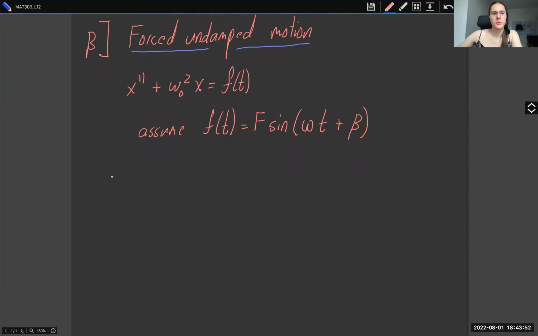So in this case, we have two cases. Let's suppose that omega does not equal omega naught. So we talked about the method of undetermined coefficients. And what we're going to do is just use an ansatz.